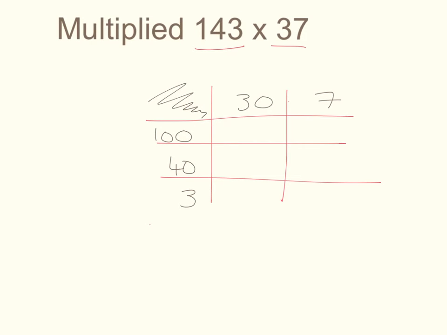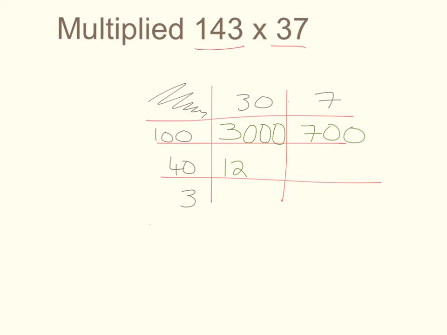I now ask myself, 1 times 3 gives me 3. And how many zeros have I got? 3. 1 times 7 gives me 7. And how many zeros have I got? 2. 4 times 3 gives me 12.